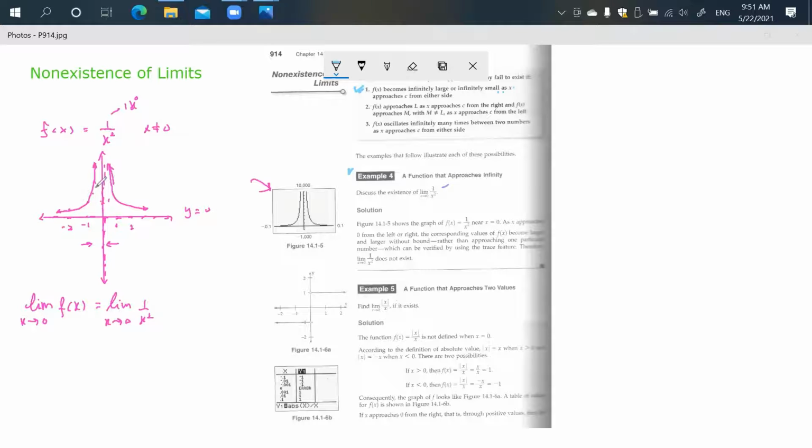So both sides, from the left approaching here and from the right approaching the y-axis, mean it approaches positive infinity, correct? So the answer in this case, you must write the positive sign also. But in this case, they will say it does not exist. At this moment, you can answer: this limit does not exist. But actually, they can say in this case it is equal to positive infinity also.